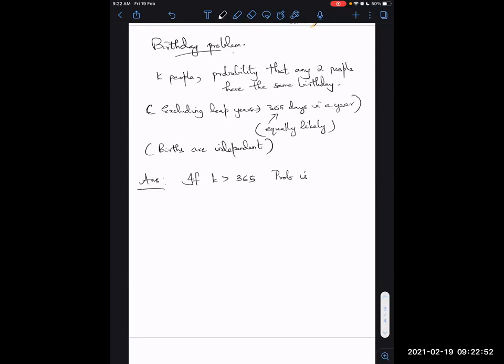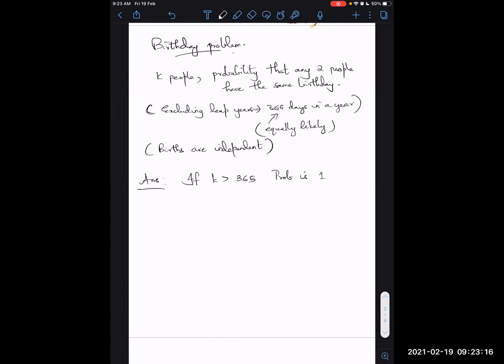This is just a simple counting problem. We have more than 365 people in a class. What is the probability that two people will have the same birthday? Yes, exactly. It's 1.